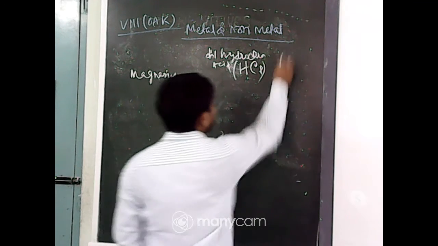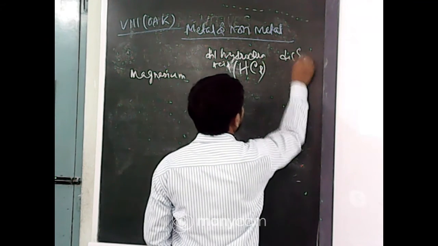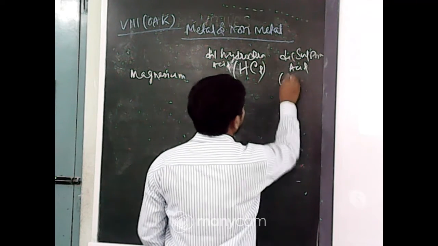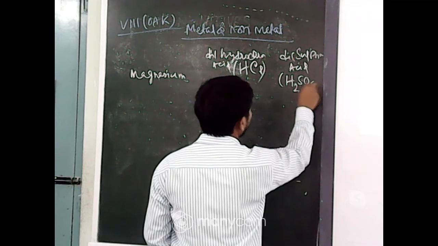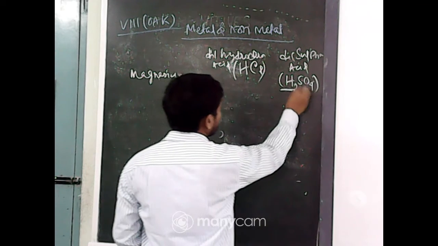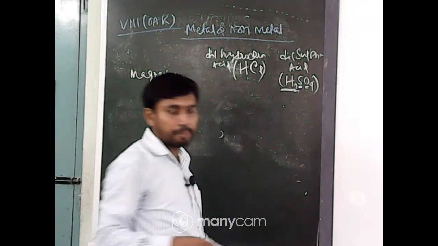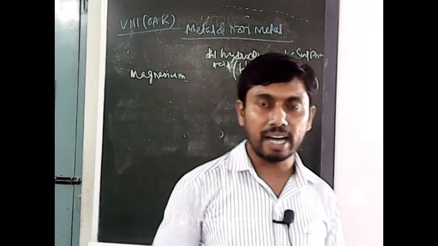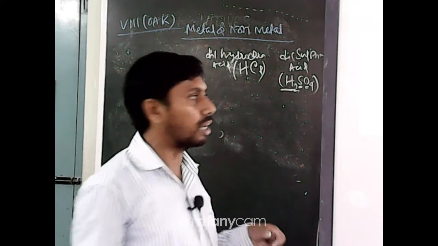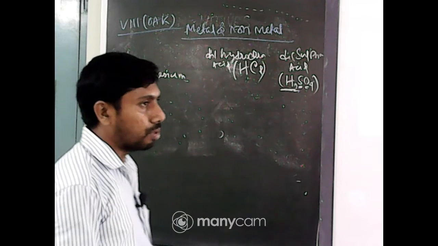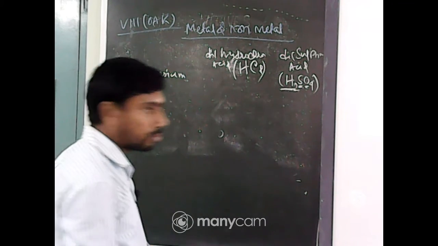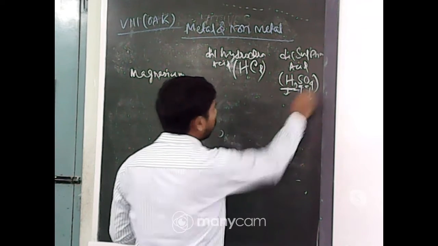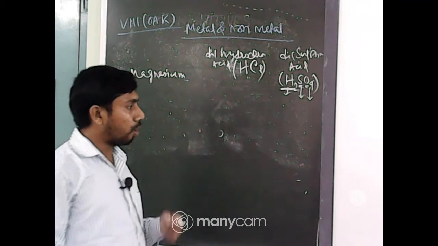And dilute sulfuric acid is H2SO4: hydrogen, sulfur, oxygen. I already told you to make a chart of the symbols of elements and also some basic formulas which will come to your knowledge for the first time. So H2SO4, here H for hydrogen, S for sulfur, O for oxygen.